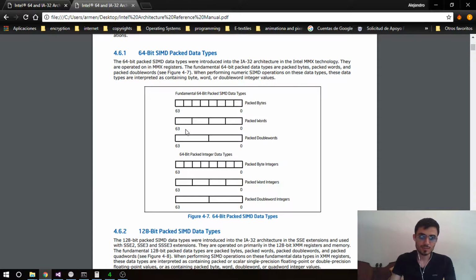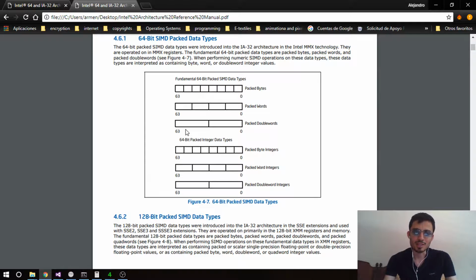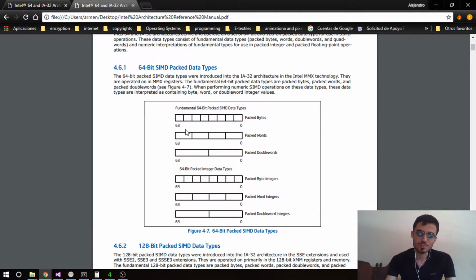Now SIMD. SIMD basically works like in packs. It goes from 0 to 63 bits, and it can be packed bytes, packed words, or packed double words. This is just a representation of data, because the fundamental types are just data.